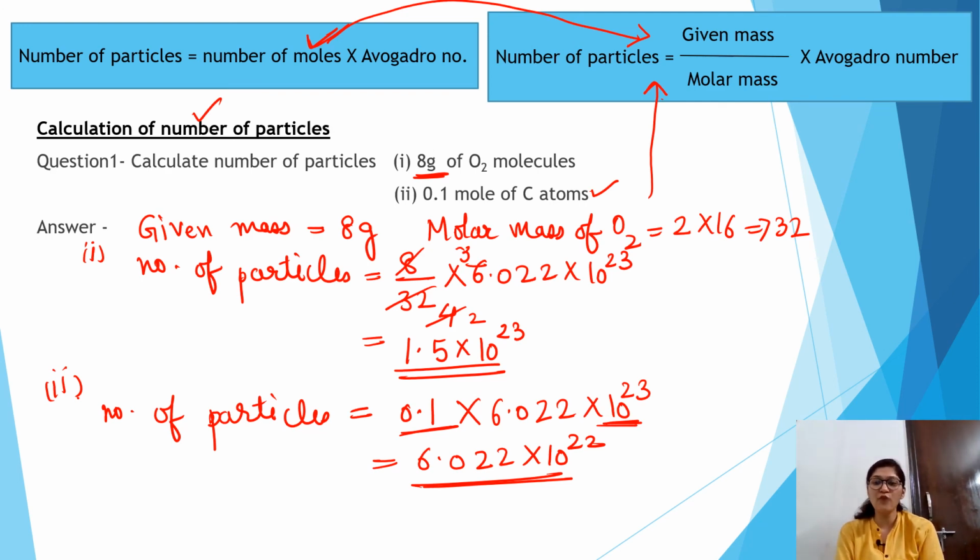So the core formula is from the definition of the mole, that mole represents number of particles as well as the relative mass in grams. If you know the given mass, you can calculate the molar mass, and from that formula you can derive any number of formulas and easily derive any type of questions.